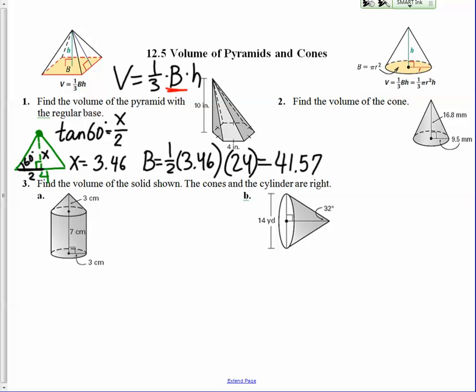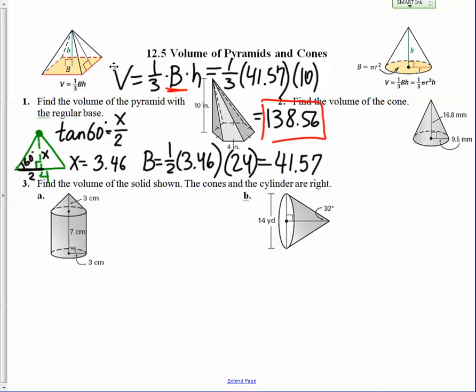Now we can plug it into this formula, and it's going to be 1/3 times 41.57 times the height of the pyramid, which is 10. Guys, let's calculate. It's going to be 138.56 inches cubed. I will put it in the box.